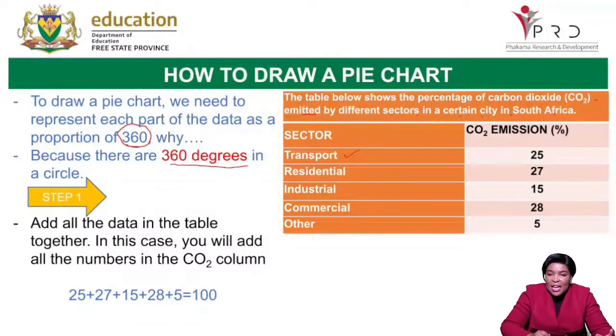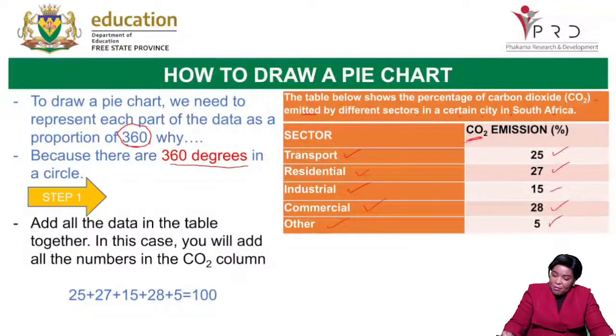The transport sector is emitting 25%. The residential sector is emitting 27%. These are the emissions of what? Carbon dioxide. Industrial sector is emitting 15. Commercial is emitting 28. And then other sectors combined together are emitting 5%.